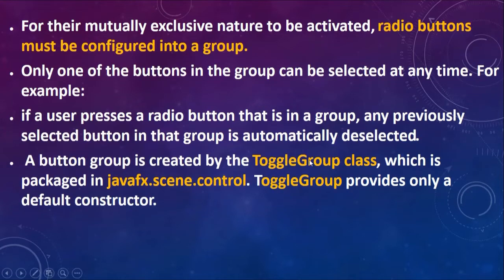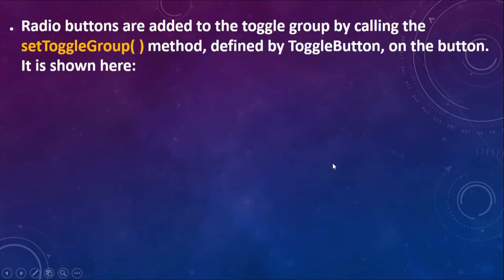It is present in the ToggleGroup class, and then these different radio buttons that I have created, you will have to add to the ToggleGroup class object. To add them into the ToggleGroup object, we'll have to use a method called the setToggleGroup method.